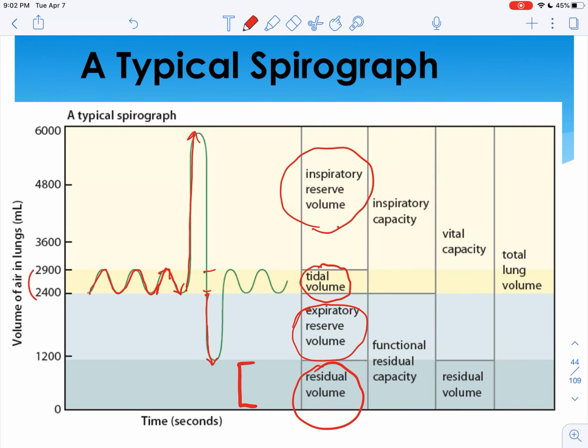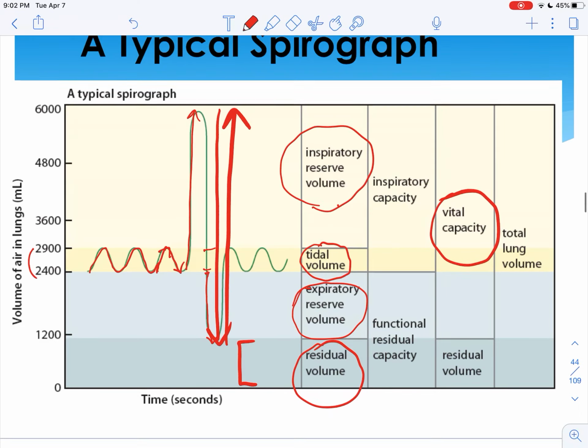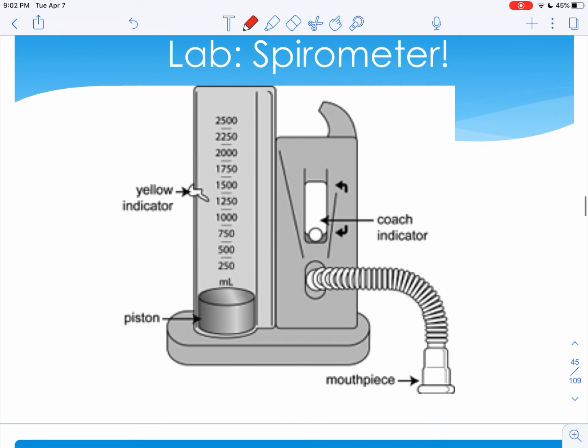So when you take as deep of a breath as possible and exhale all of that air, you can check your vital capacity. If you were to use that spirometer machine, which I'll talk to you about next, in this little diagram of it, it's just a tube where you stick a little cardboard tube in this mouthpiece area, and the piston is down at the bottom, but you take a deep breath, exhale all your air into this machine, which is a drum of air that is going to be lifted through water.